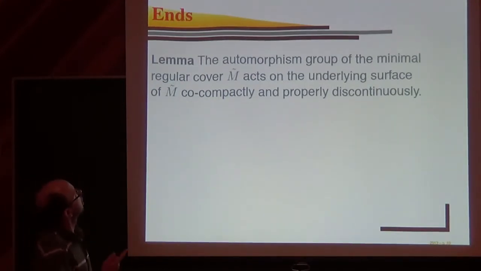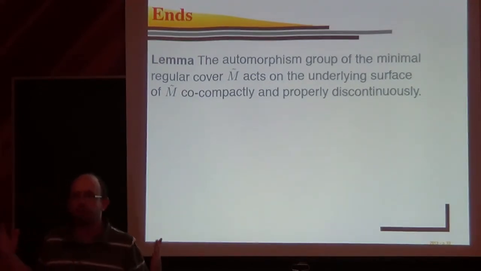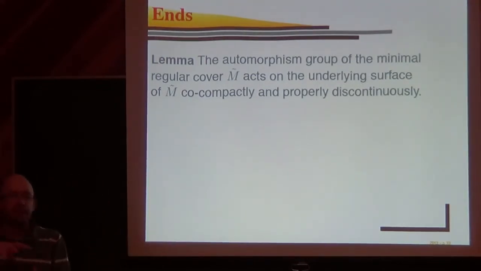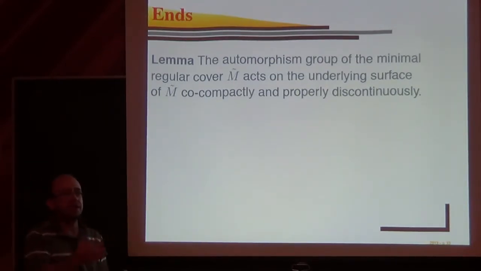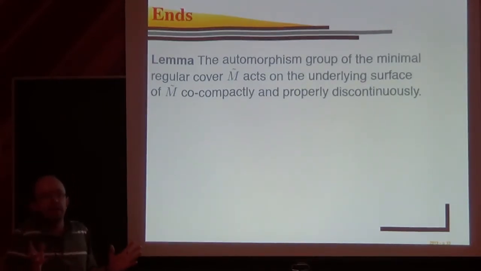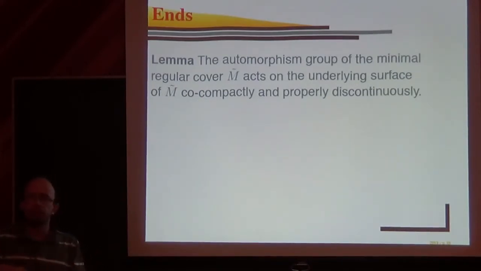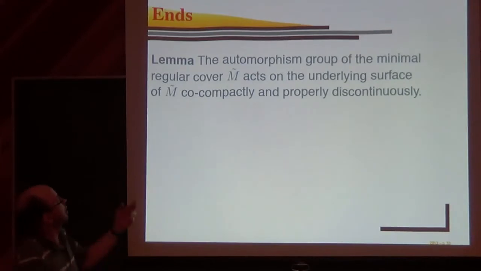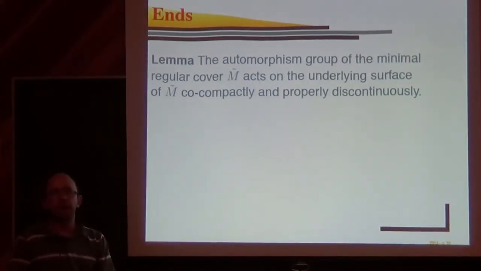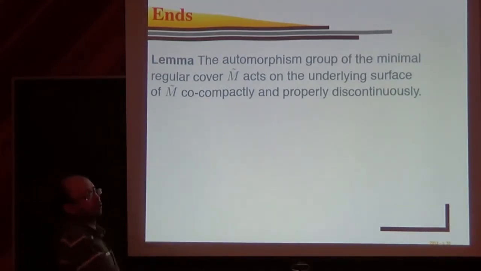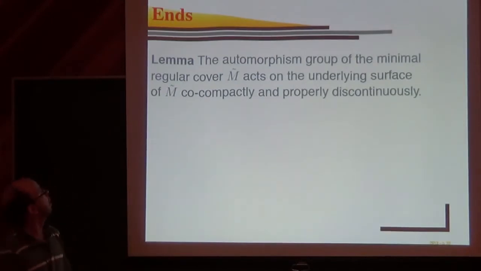Because the first thing we notice is that the automorphism group, because the faces of a map are disks, and it acts transitively on flags, particularly on faces. You take the closure of a face and it's compact, and you can take any of them to any other, so it acts co-compactly, and it's also easy to see that it acts properly discontinuously, always.